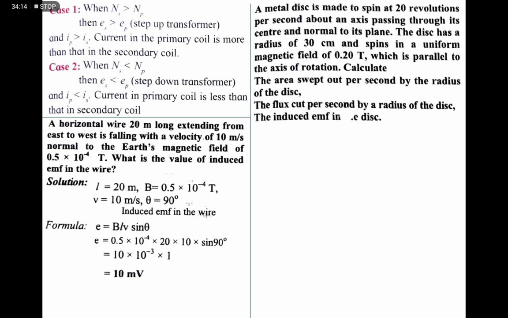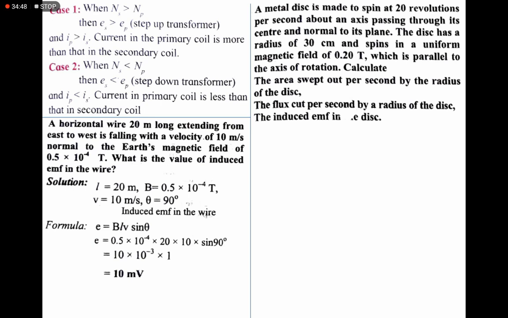The disc has a radius of 30 centimeter and spins in a uniform magnetic field of 0.20 Tesla, which is parallel to the axis of rotation. So the axis of rotation and magnetic field are parallel, and the disc is rotating in the magnetic field.